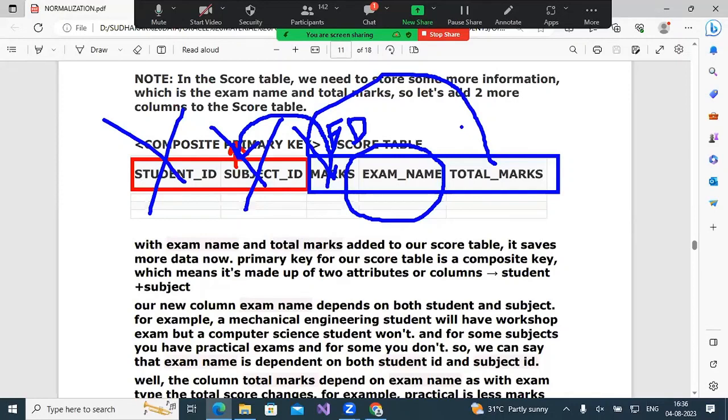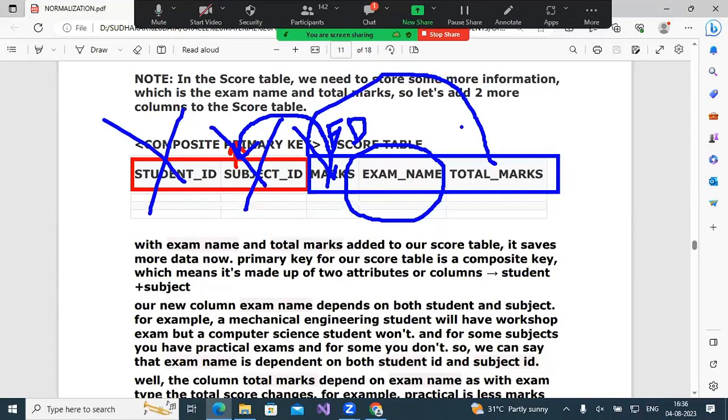I think in first semester you don't have any external and internal, it is common. From the second semester onwards, you have external exams and internals. The combination of external plus internal we call the total marks of the subject. So your total marks will be considered as your examination.